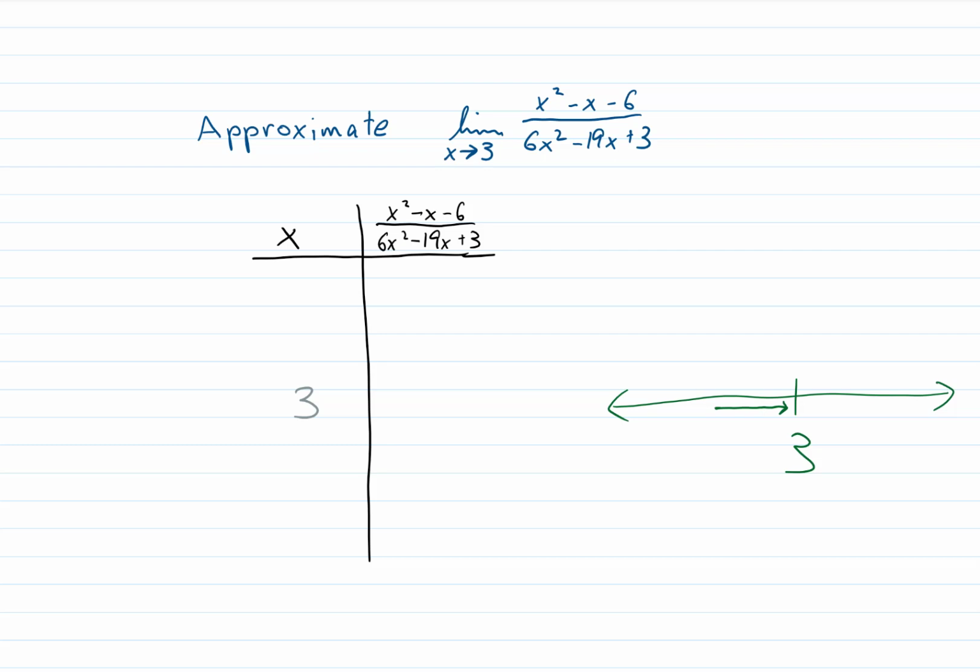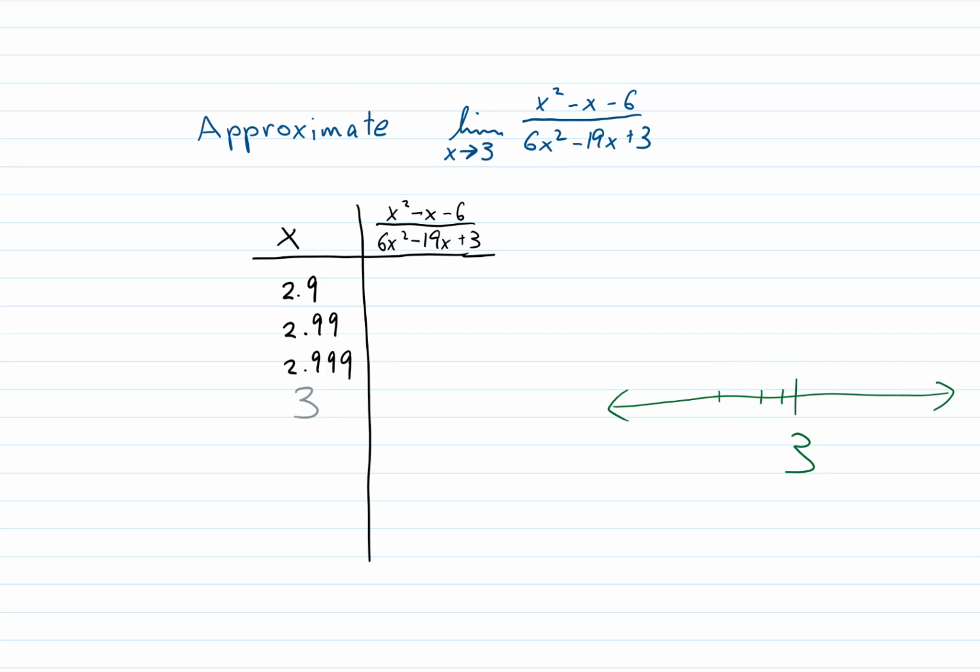How about 2.9, 2.99, and 2.999? Those are definitely getting close to 3.